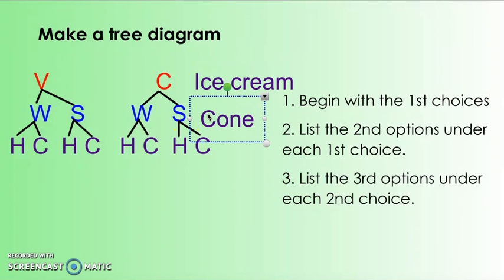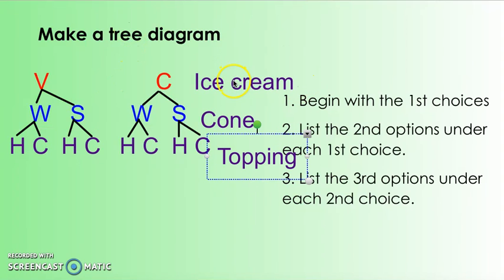And so this was cone. That was the next layer. And then the bottom layer was I could choose hot fudge or caramel, hot fudge, caramel, hot fudge, caramel. And notice I have it branched off on each of these because I could have vanilla, waffle, hot fudge, vanilla, waffle, caramel. So I could have each one of those, and it just keeps branching off of the one before it. And so this was topping choices.